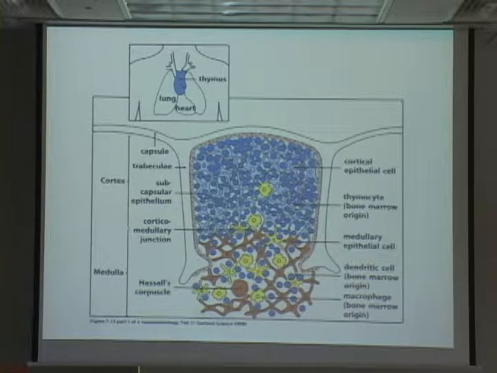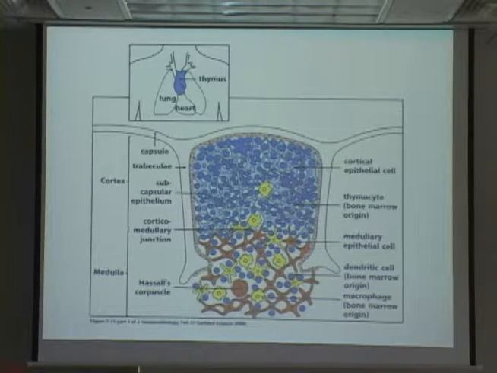And each of these medullary cells can express a variety of these self-antigens, antigens that you normally think are expressed selectively in the thyroid or in the pancreas. They're actually expressed in low levels in the medulla of the thymus. And cells with strong reactivity to these proteins are actually deleted. And that's a very important mechanism of self-tolerance.